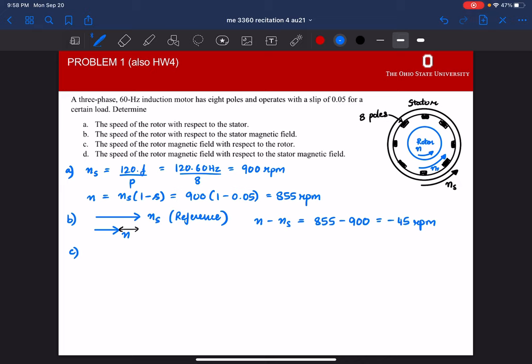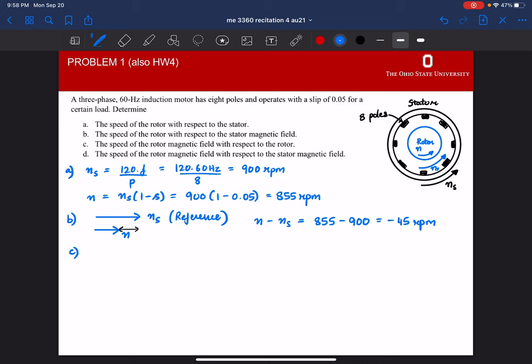The same situation for part C. Here the only thing that has changed is, before that we need to discuss what the rotor magnetic field is.